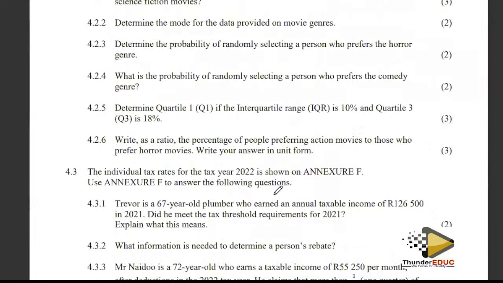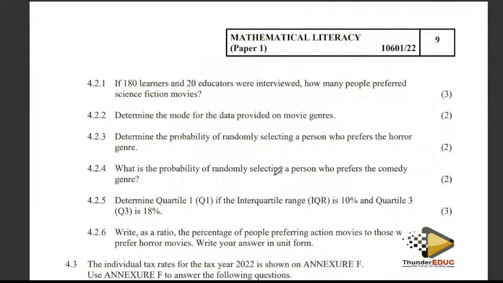Question 4.2.1. If 180 learners and 20 educators were interviewed, how many people preferred science fiction movies? First and foremost, we're going to add them all up, which is 180 plus 20. So, total number of people interviewed is 200.